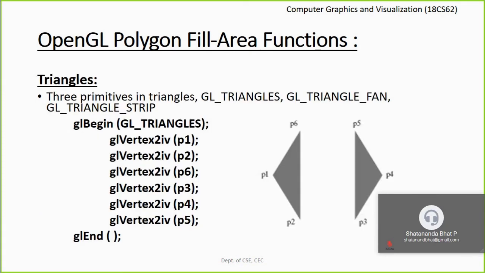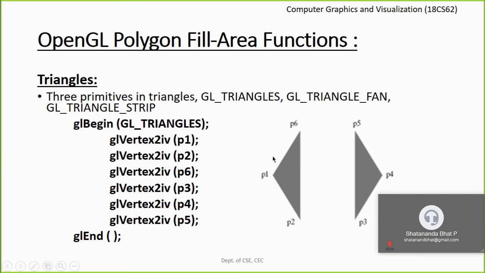Let us continue. Then we have the second primitive for drawing triangles. We have 3 primitives for drawing different types of triangles. The first primitive is GL_TRIANGLES. GL_TRIANGLES is used to draw a bunch of triangles, taking into account only 3 vertices at a time. As we are all aware, to draw a triangle, we need a minimum of 3 vertices, right? So it takes a set of 3 vertices and draws a disconnected triangle.